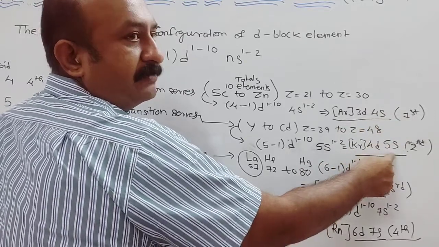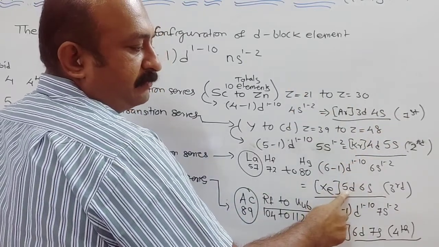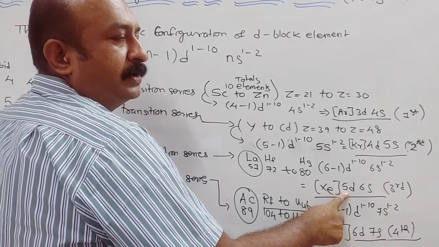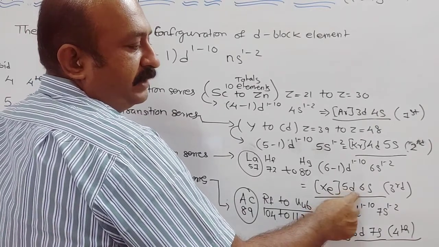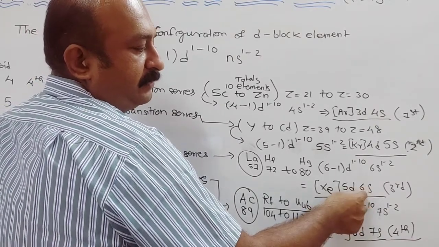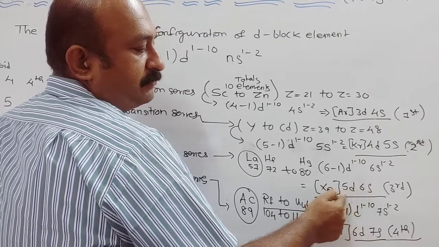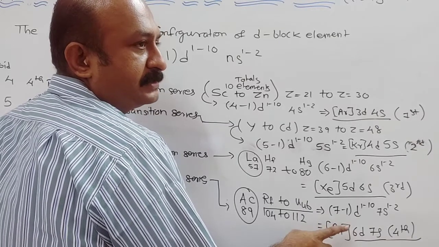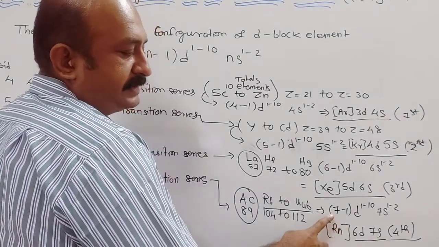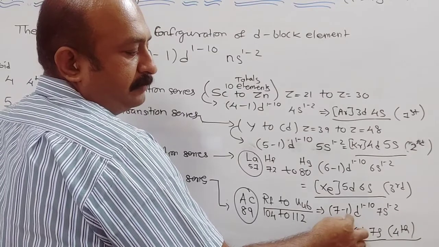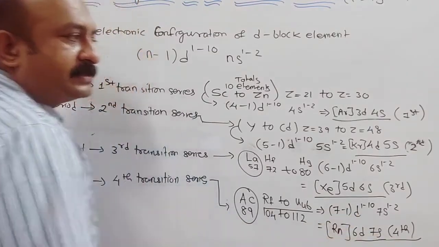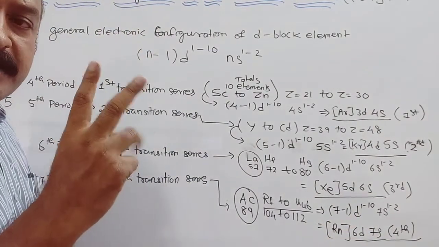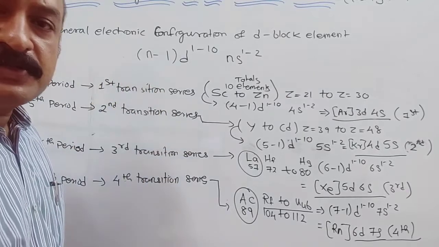Fifth period means 4d 5s. Then sixth period means 5d 6s. And the last, fourth transition series, means what? It is 7, so 7 minus 1, 6d, 7s. This is the configuration of the first, second, third and fourth transition series.